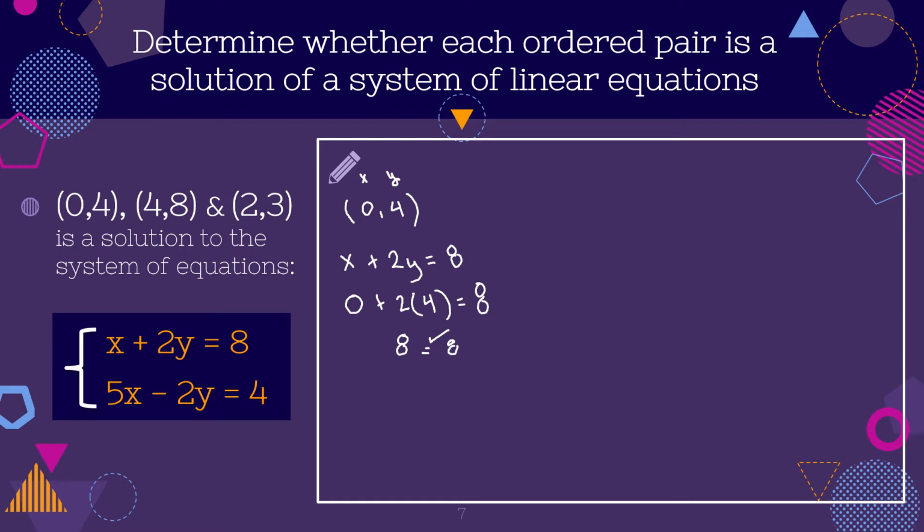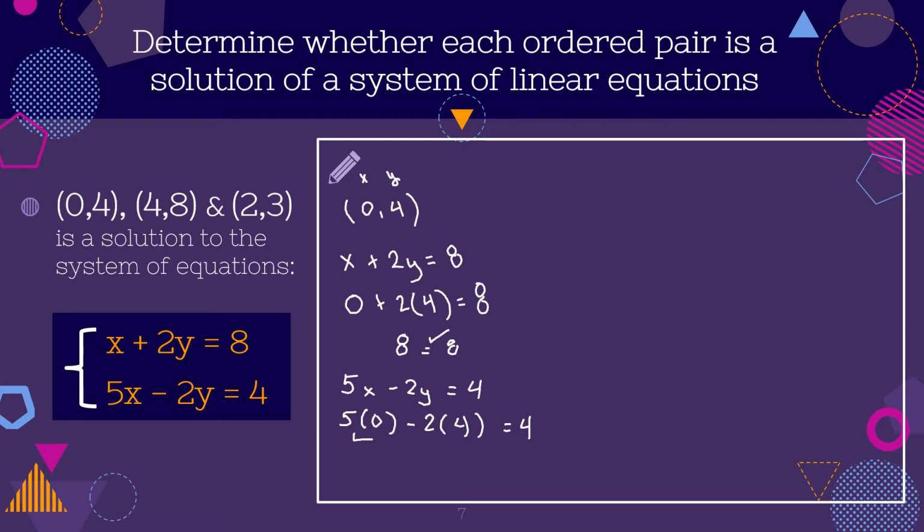Next, we have 5x minus 2y equals positive 4. So substitute x as 0 and replace y with positive 4. So 5 multiplied by 0 minus 2 multiplied by 4 equals 4.